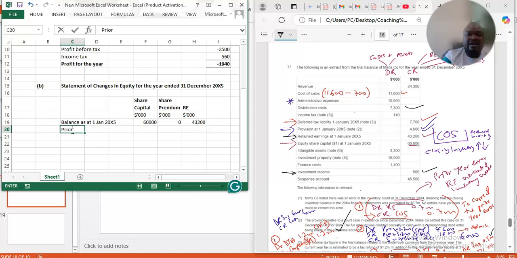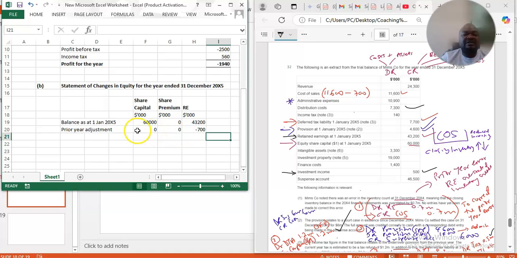So prior year adjustment, the prior year adjustment affected only the retained earnings. Okay, and remember, we adjusted by reducing the retained earnings. So there is nothing there.